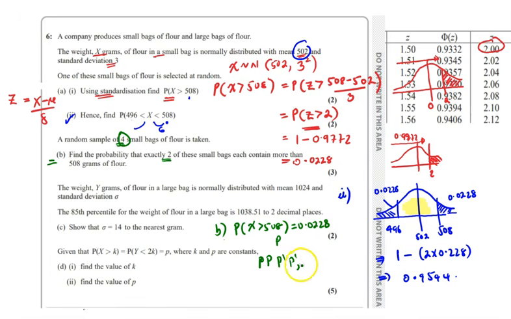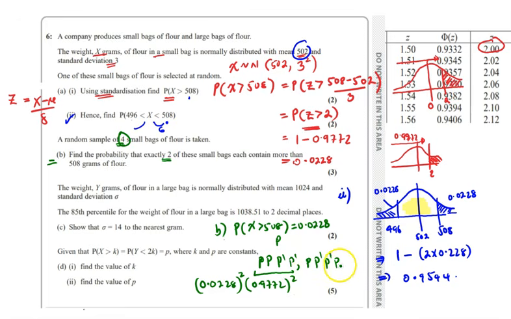You can have the first one greater than, the second one less, the third one less, and then the fourth one greater than. So all you're going to do to get this probability is take the probability of succeeding, of getting a bag which is greater, 2 times, and the probability of failing to get that, 0.9772, 2 times.